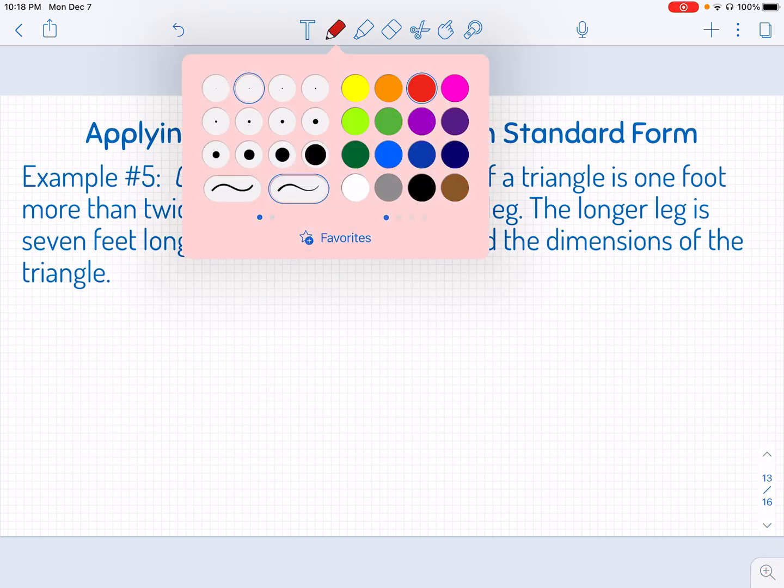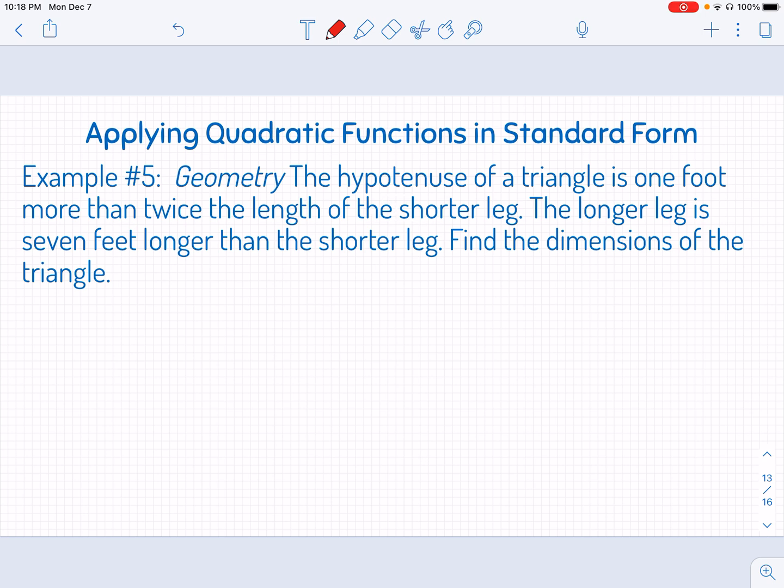Okay, next example. The hypotenuse of a triangle is 1 foot more than twice the length of the shorter leg. The longer leg is 7 feet longer than the shorter leg. Find the dimensions of the triangle. So let's see, we've got a long side and a short side. We'll call our shorter side x.